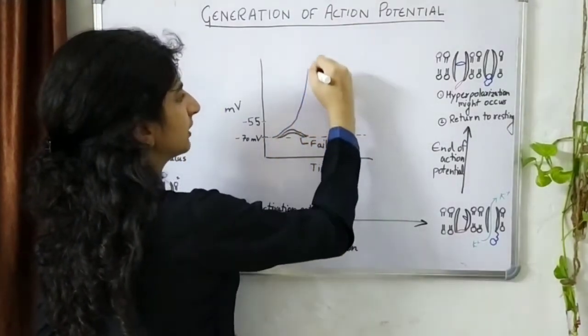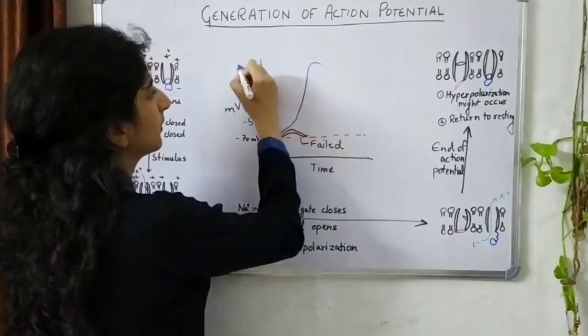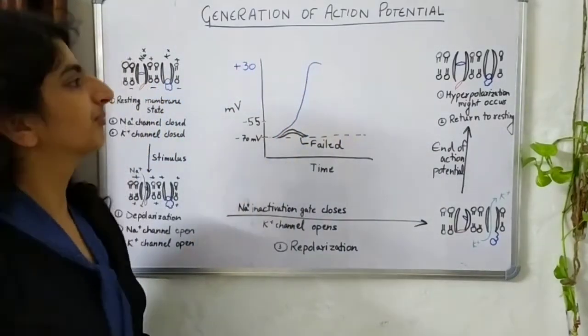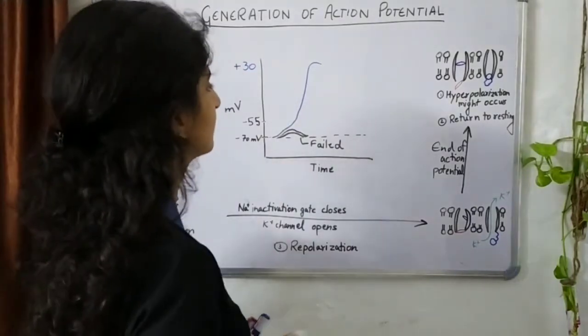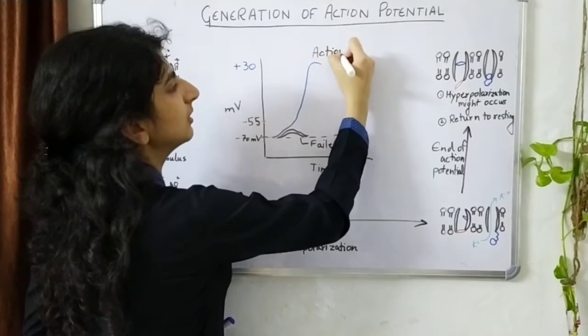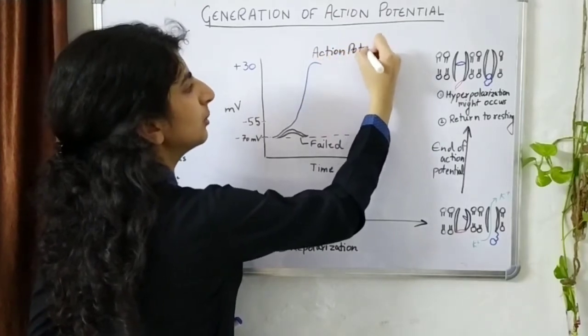The potential difference will quickly become positive up to plus 30 millivolts, and this will be the action potential.